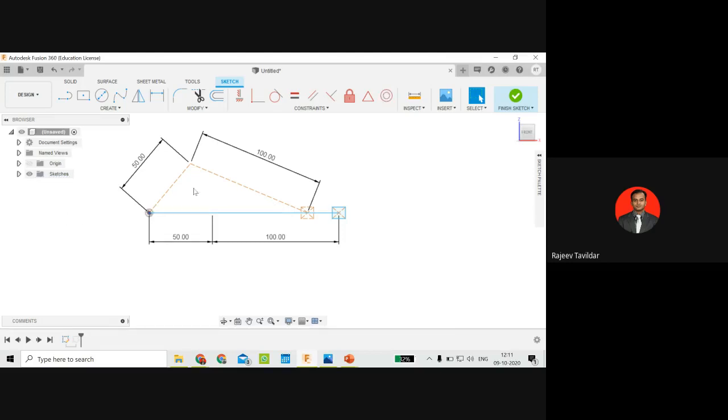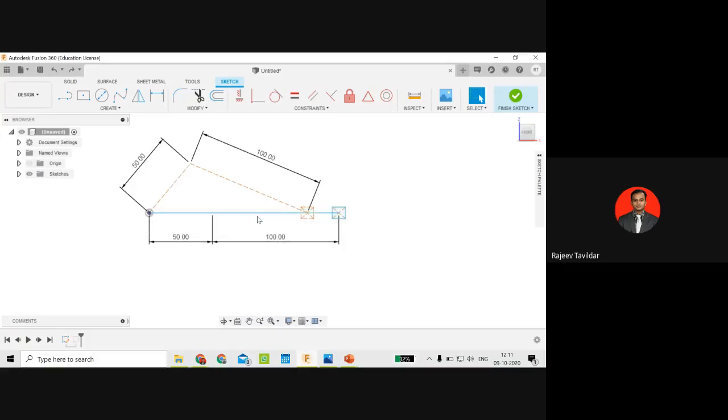Let us see if it animates here. I'll draw it with other colors. So the crank, okay, let me change its color. So this is green in color now.